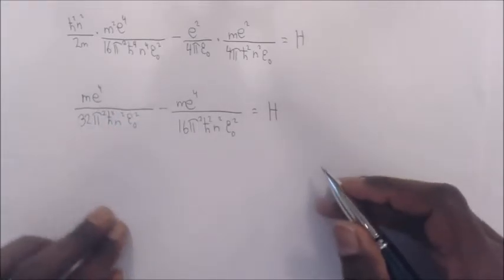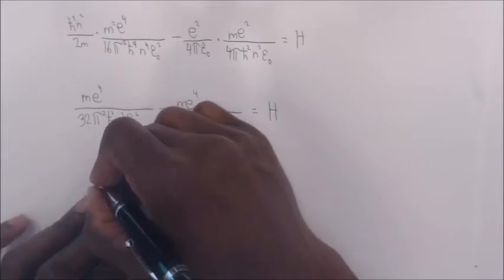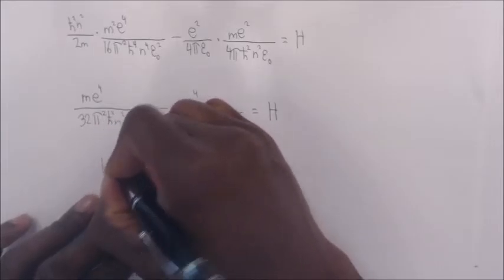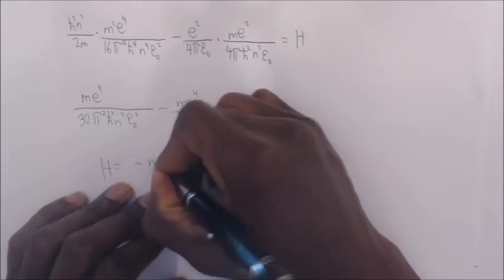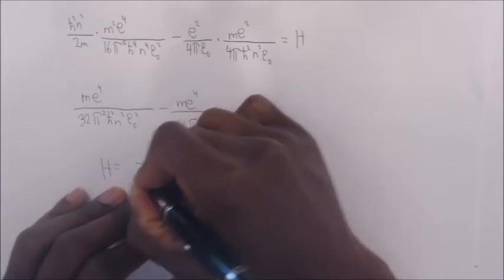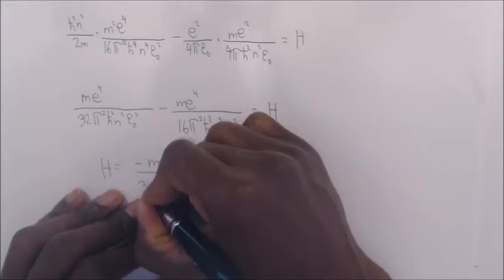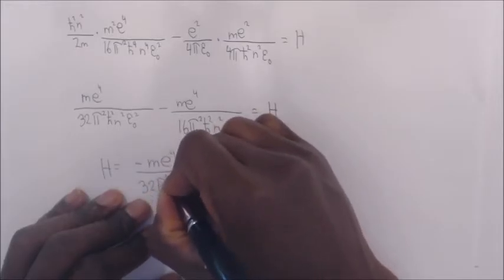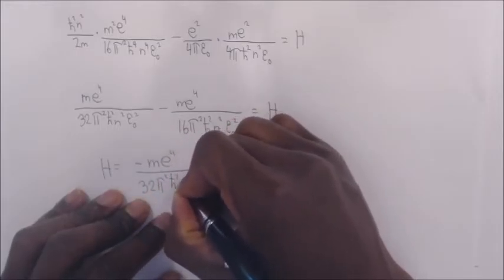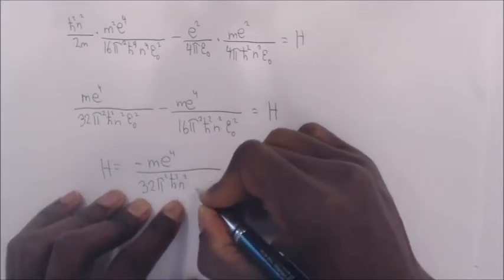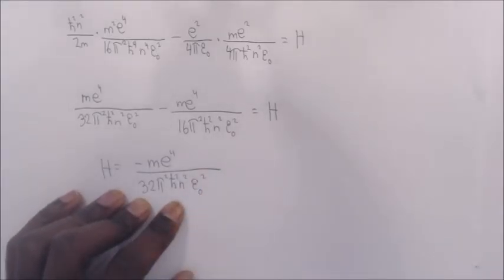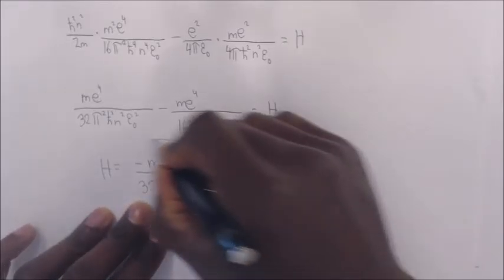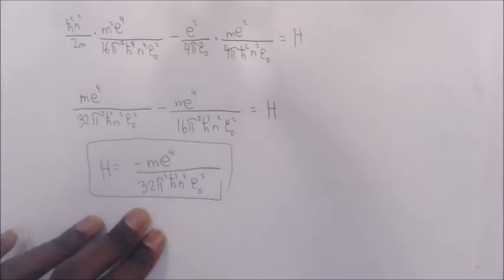So this means that the total energy, which is H, is equal to minus m times e to the fourth over 32 pi squared h bar squared n squared epsilon sub 0 squared. Okay, and this is essentially the energy of the hydrogen atom.